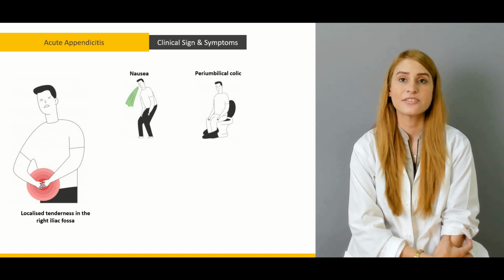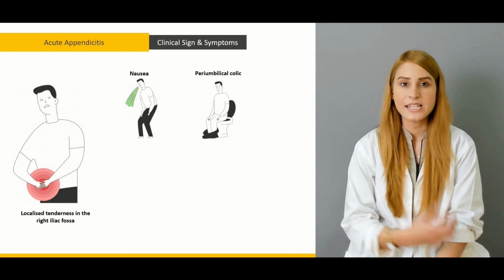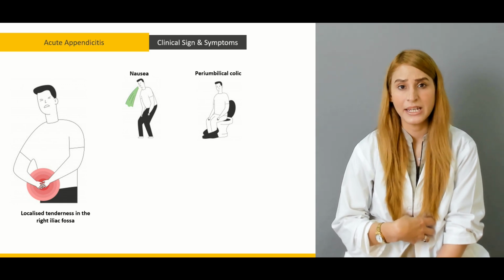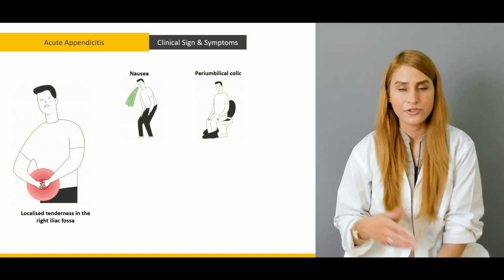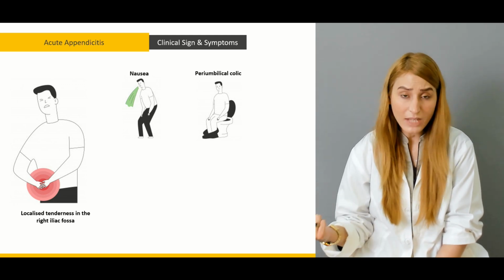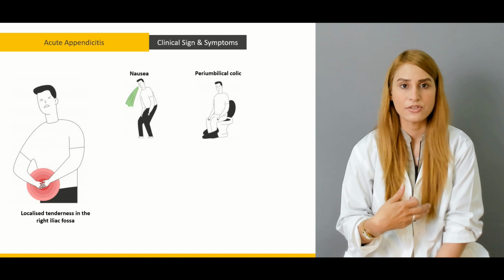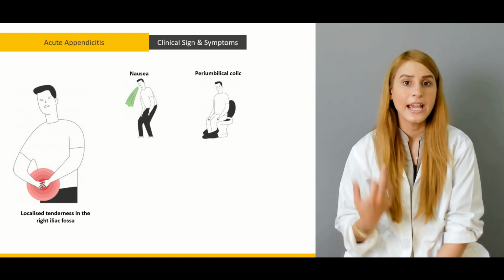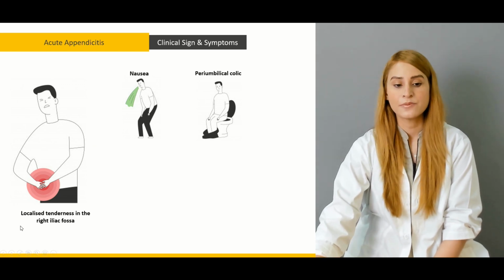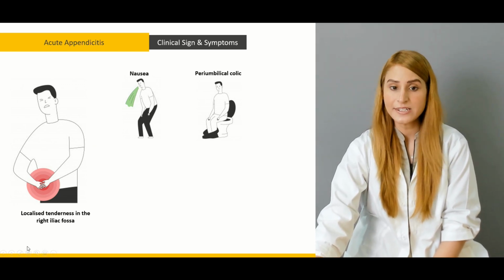The patient will typically tell you that the pain started in the central abdomen, and then after a day, it migrated to the right iliac fossa. The pain in the central abdomen has gone, and now it is localized to the right iliac fossa.